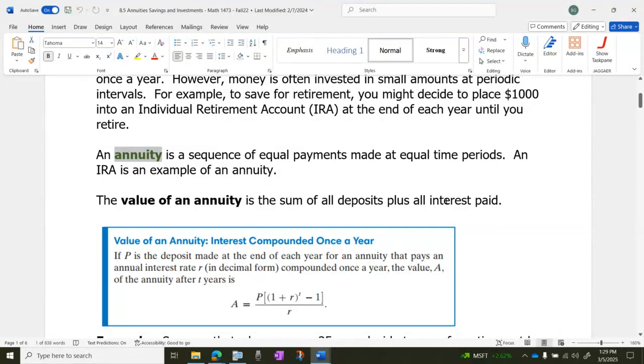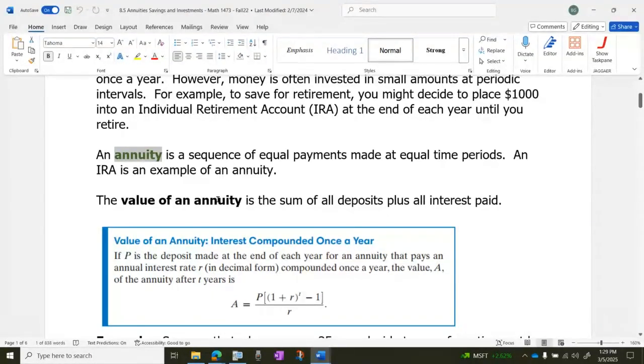So annuity is a way to invest, and the way to invest fits most of the people, because you just need to deposit a fixed amount of money at an equal time period. For example, you invest $100 every month.